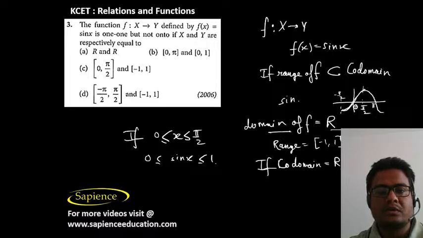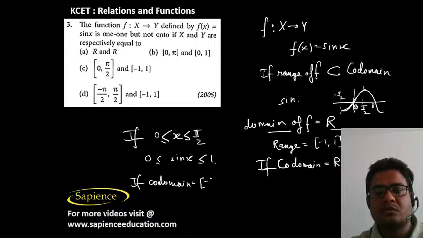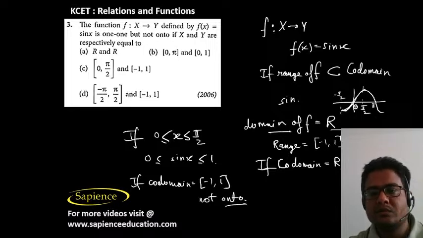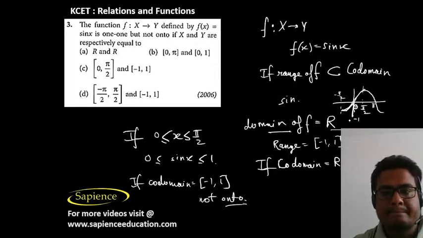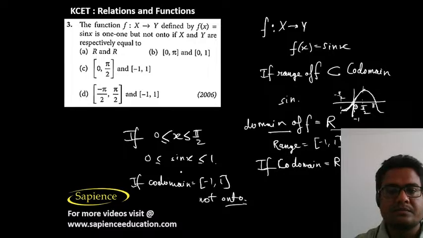So it will not go from minus 1 to 0. Therefore, if we take the codomain as minus 1 to 1, then it will not be onto, since minus 1 to 0 are not included in the range here. So option C is the correct answer.